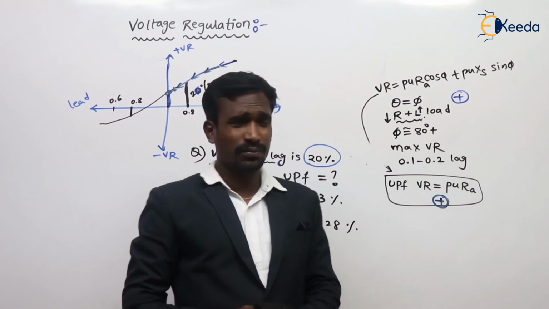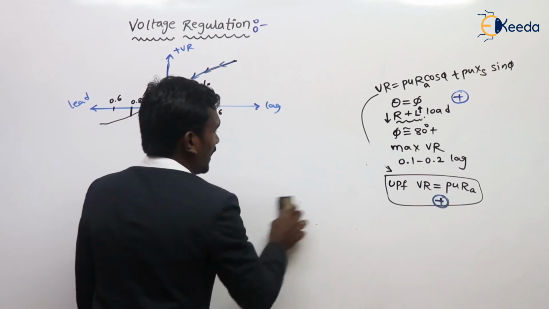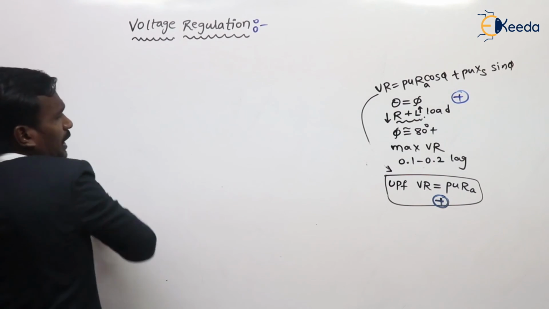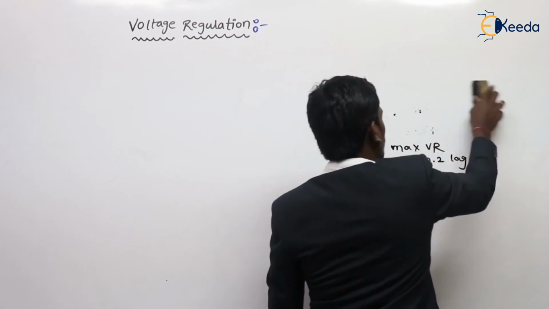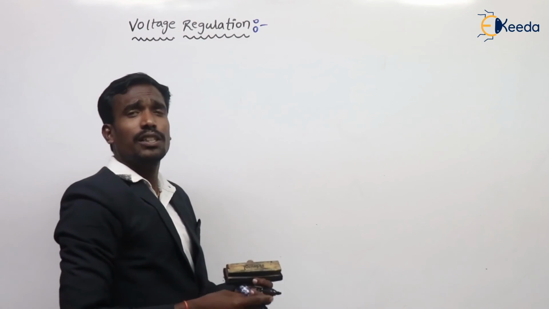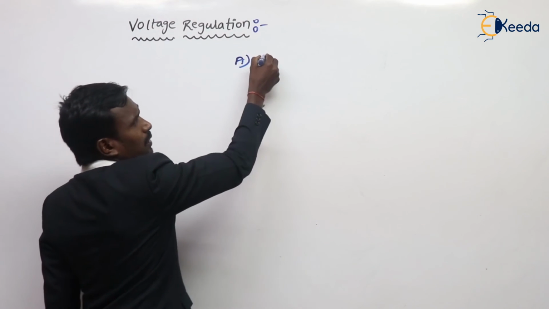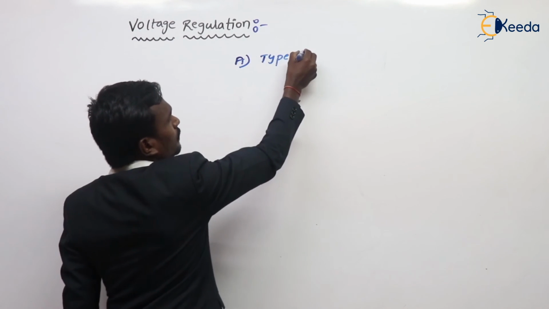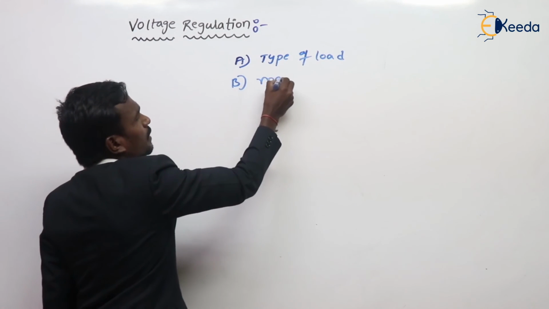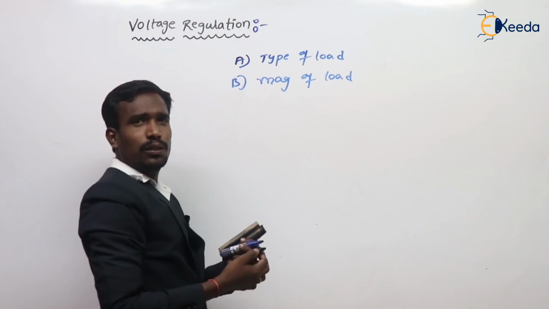Next question. This is the way of questioning they will ask you. In a synchronous machine, the voltage regulation depends on: Option A, type of load. Option B, magnitude of load.